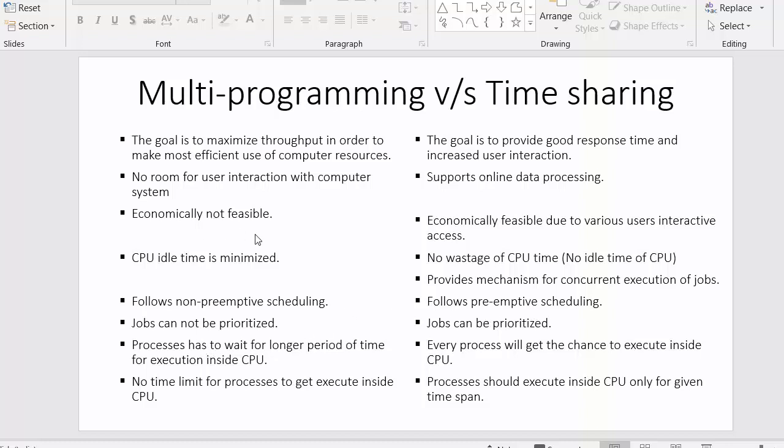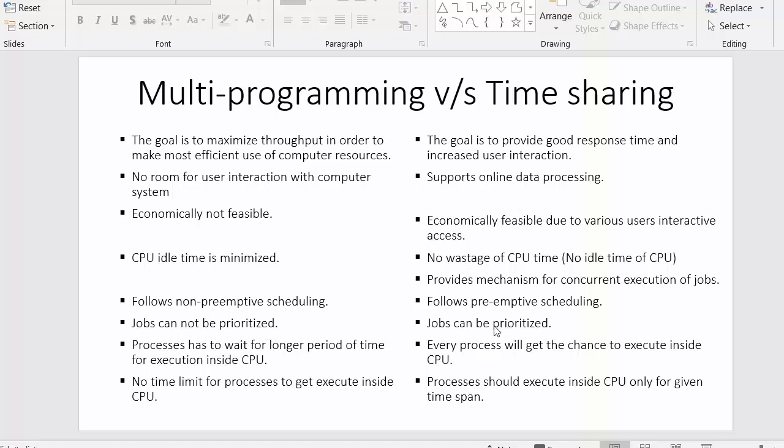Next, in multiprogramming systems jobs cannot be prioritized. Suppose there are 10 jobs in the main memory and jobs have to be executed in serial order, job 1 to job 10. If job 7 wants to get executed before job 1, it's not possible. For job 7 to get executed it has to wait for job 1 to job 6 to get executed inside the CPU.